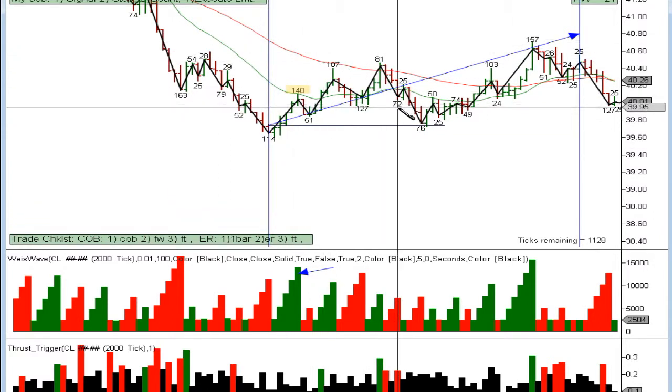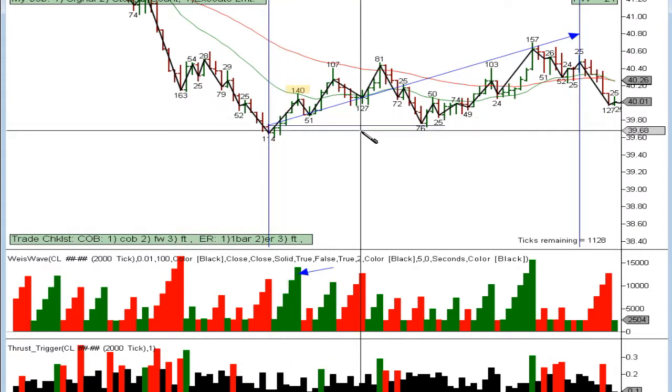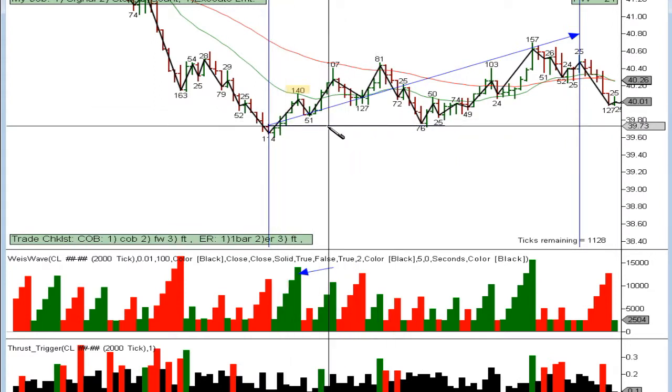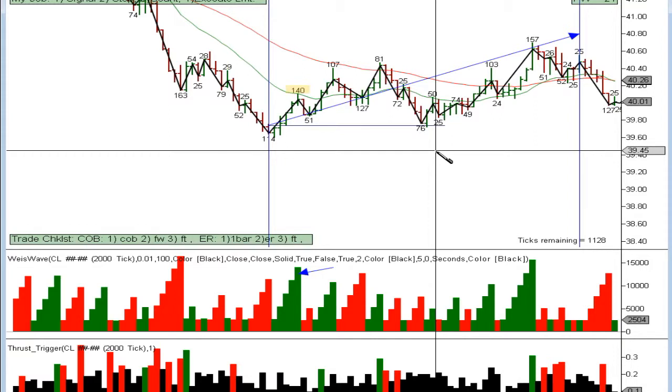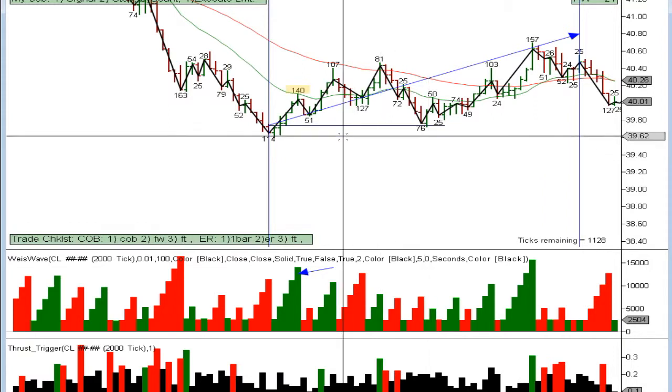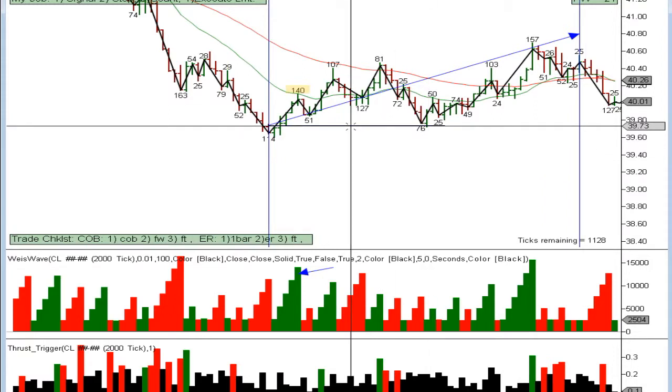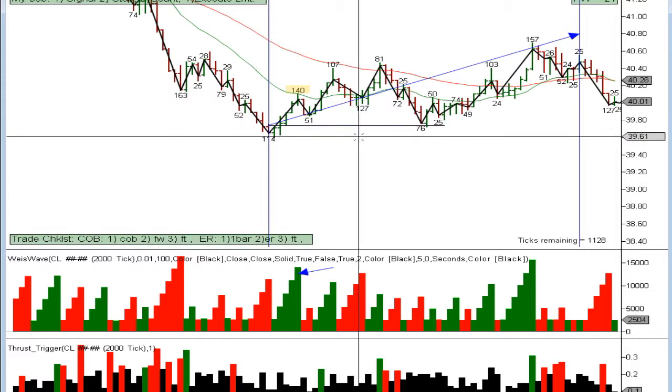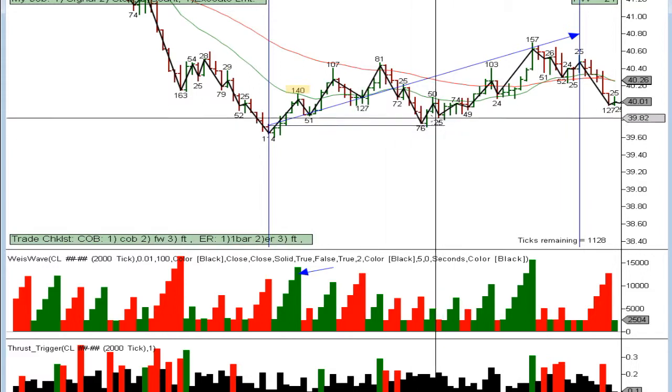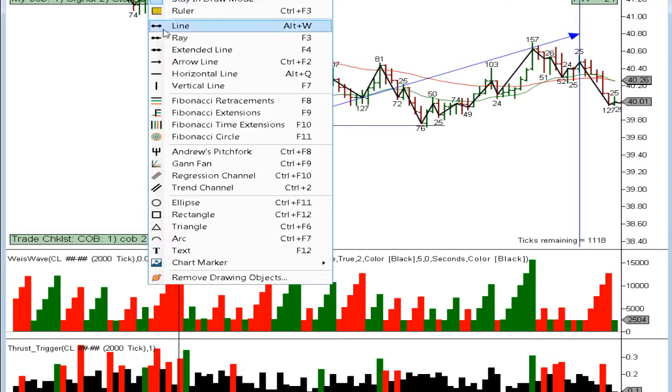Now the question is how to get in. Problem here is that there's no low volume pullback. So you don't know if the trend's going to continue downwards. And in these cases, very likely it can hit the low bar. Okay, so you can buy the low bar, that's what I would be looking at, or you can wait for the low volume test, which occurs later.